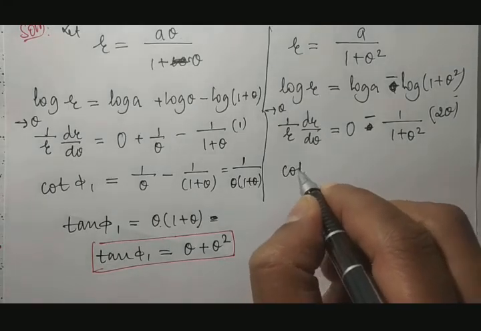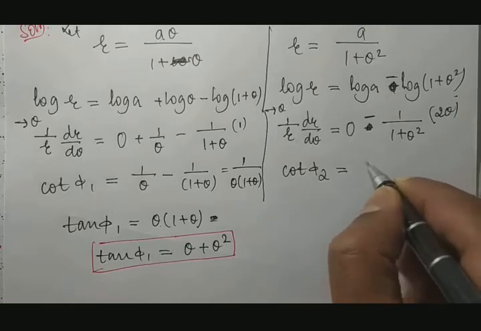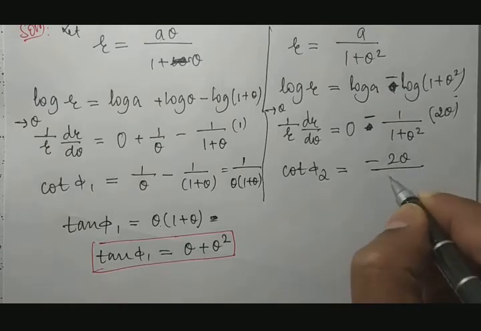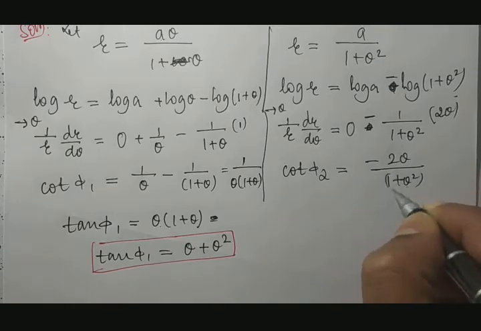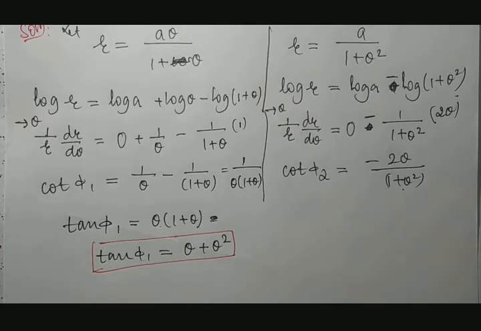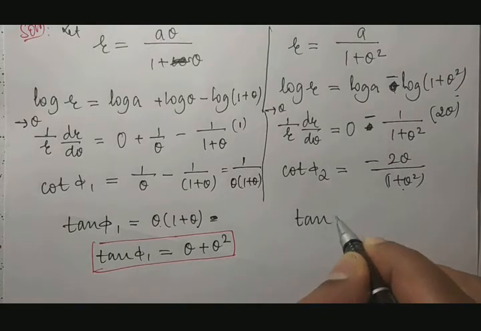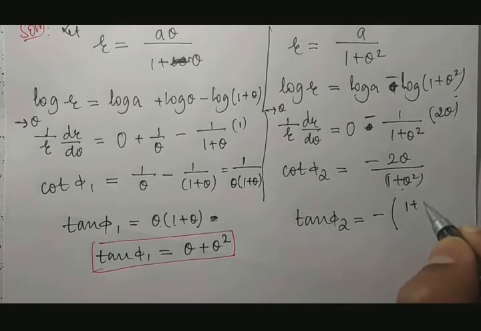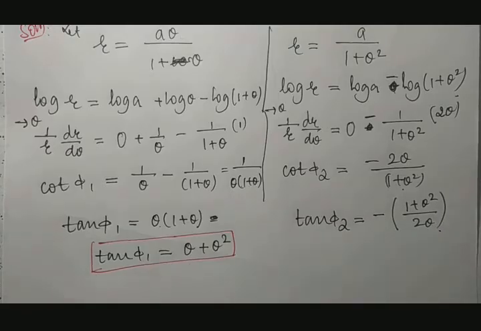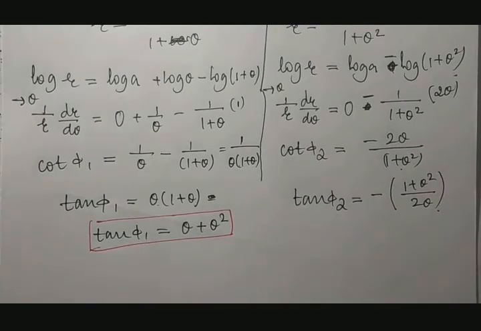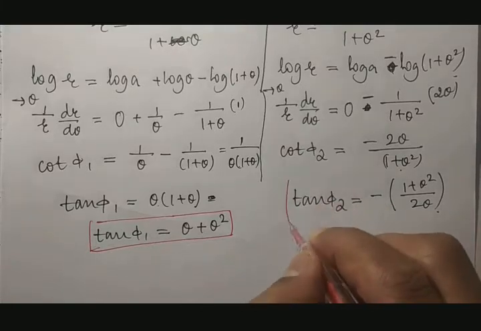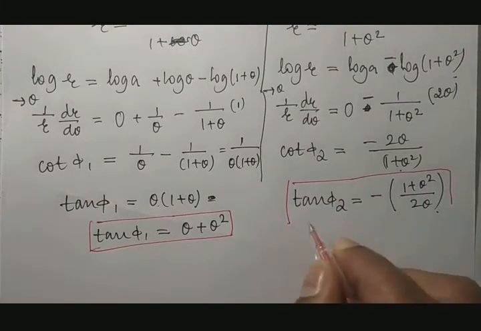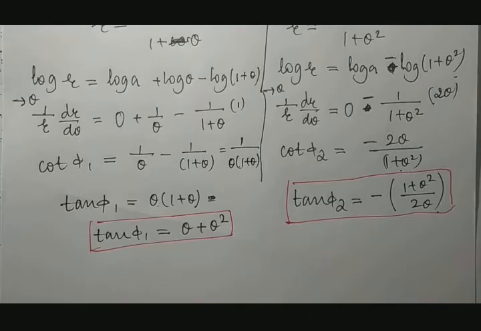Therefore, cot phi 2 is equal to minus 2 theta divided by 1 plus theta square. Taking the reciprocal, tan phi 2 is equal to minus 1 plus theta square divided by 2 theta. This is the second slope of the tangent.